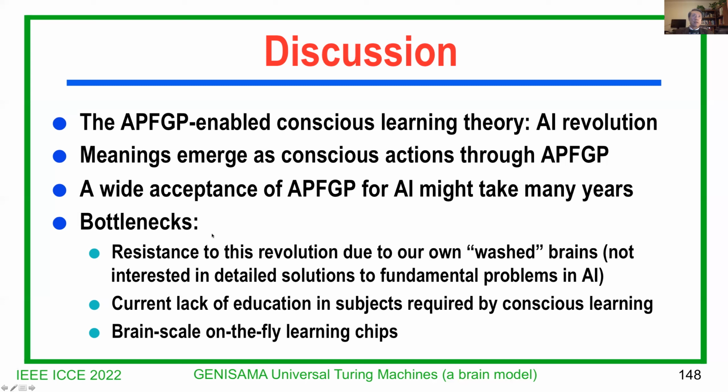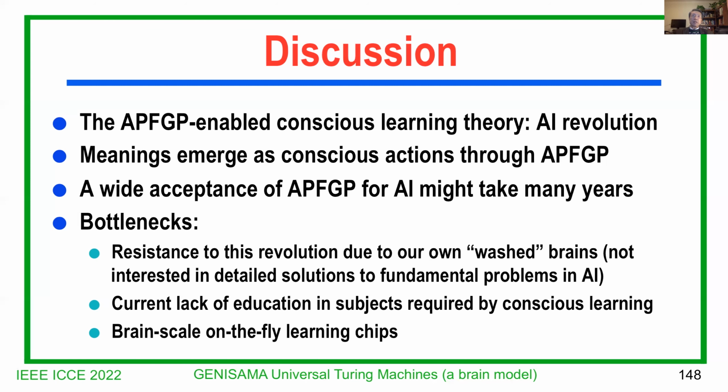And I'd like to discuss three bottlenecks. The first is resistance to this revolution due to our own washed brain, not being interested in detailed solutions to fundamental problems of AI. Many people are concentrating on writing papers, but not really interested in what kind of fundamental problems they are facing.